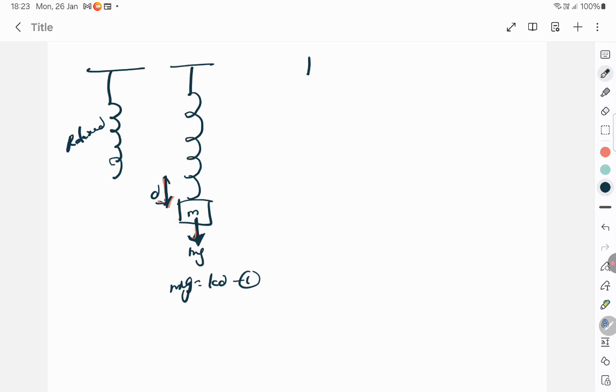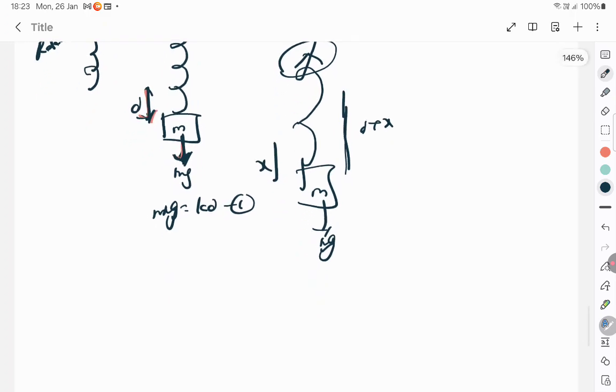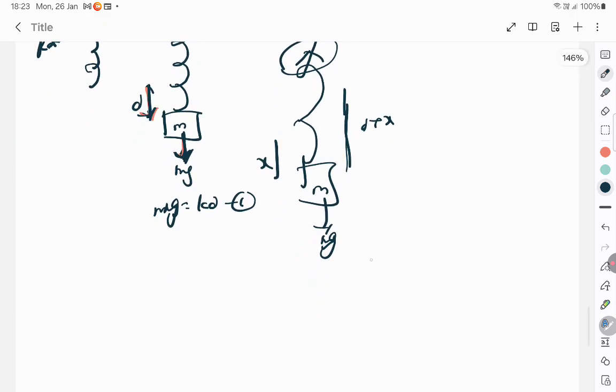When you do that, it's going to further get stretched, and the mass is here, and it's further moving through a distance of x, and this is going to be moving above and below, so that the total distance it's going to move is now d plus x, and so here there will be a restoring force, and there will be an mg also, and there will be a restoring force.